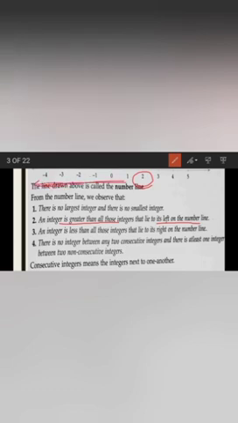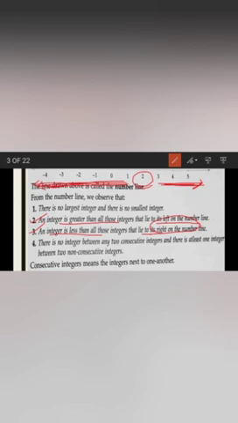Similarly, an integer is less than all those integers that lie to the right on the number line. So here all the numbers lie right side of 2. So 2 is less than all these numbers which lie to the right of it. I hope it is clear. This is observations 4 and 5.